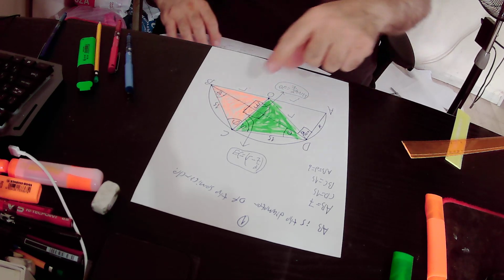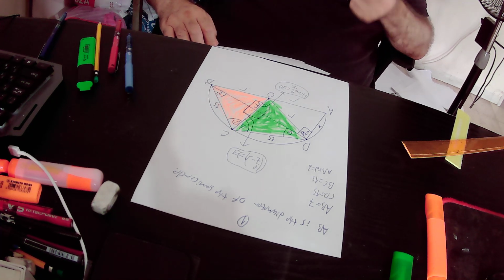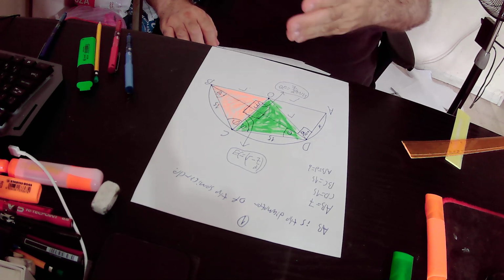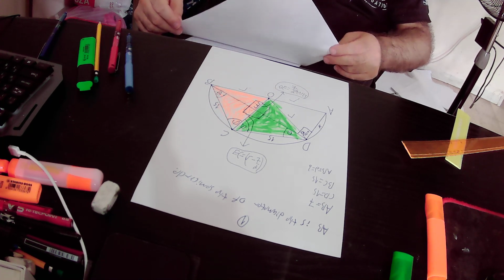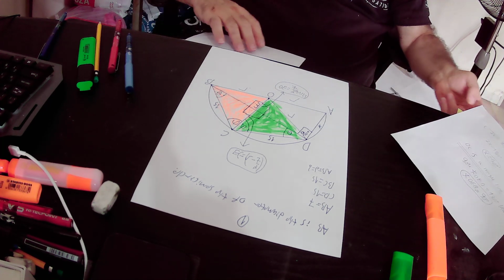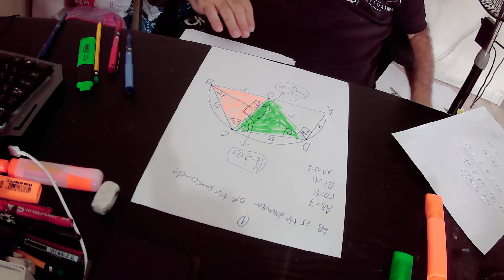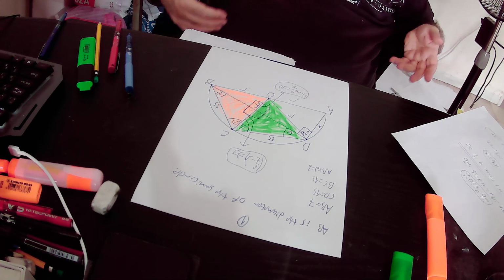Then we focused on OC. OC is a straight line because we connected points O and C by a straight line. So again, we have rule number 3 that states that the sum of the angles on a straight line equals 180 degrees.